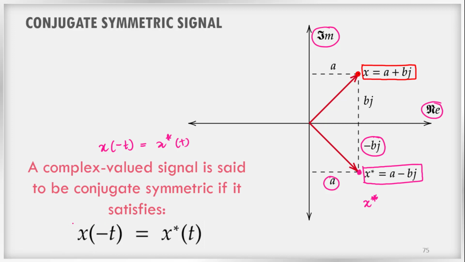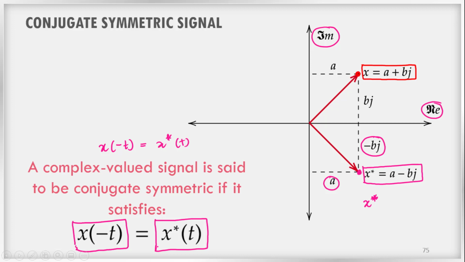So here the actual signal x of t is time reversed to generate x of minus t, and that is the same as the conjugate of the signal, x asterisk of t. That is the meaning of a conjugate symmetric signal. A complex valued signal is conjugate symmetric if time reversal has the same effect as complex conjugation of the signal.